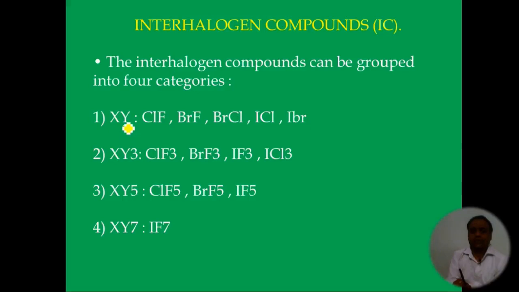XY, where there is one Y for one X, XY3 where there are 3 Y's for 1 X, XY5 where X and Y have a relation of 1:5, and XY7 in which you have 7 Y's and 1 X. The examples of XY are chlorine monofluoride, bromine monofluoride or bromine monochloride.